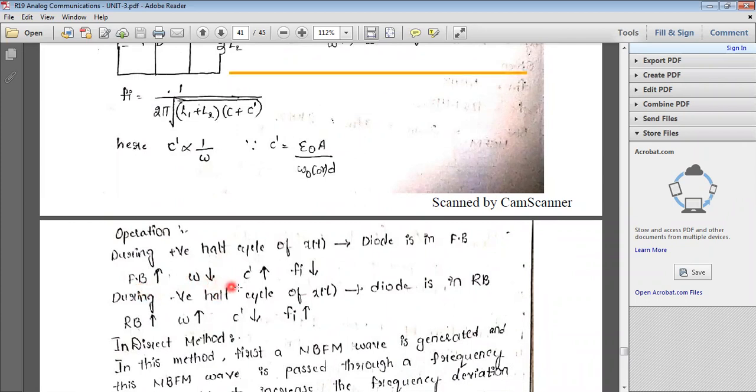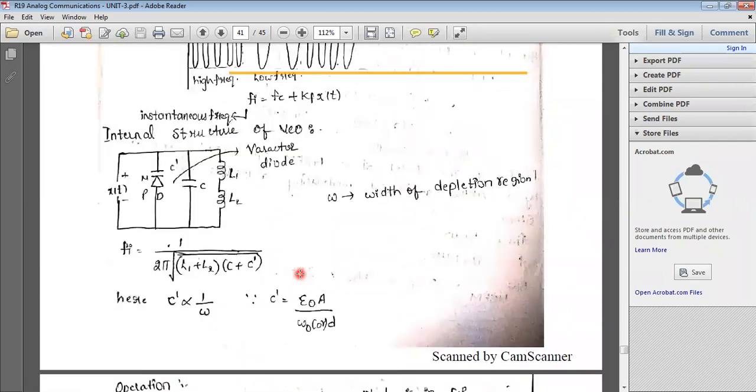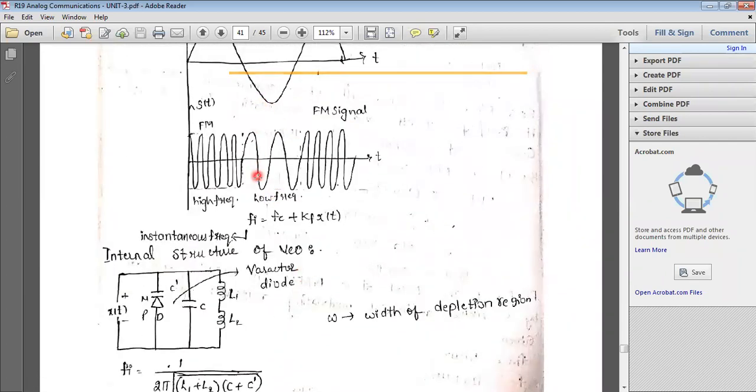When W is reduced, the capacitance C dash increases. When C dash increases, Fi decreases. So for the negative cycle, we get a low frequency signal. In this way, by using a varactor diode, we can generate the FM signal.